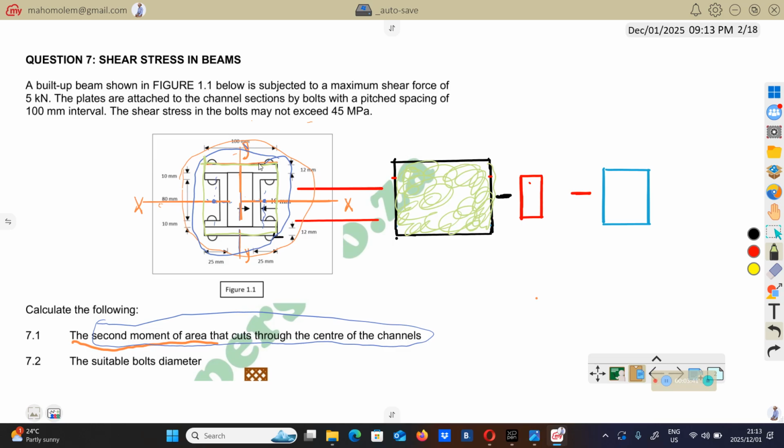So from here to there, it's 100. From here to there, it's 100. It's this dimension here.